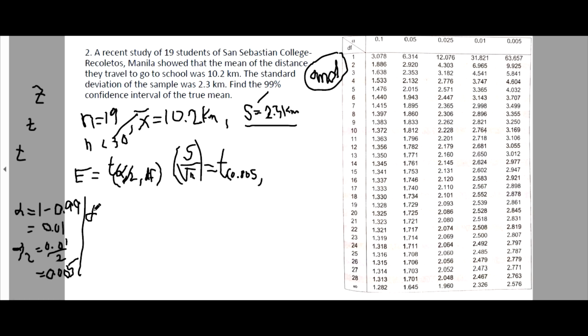Now how about the degrees of freedom? Our degrees of freedom is n minus 1. So this is 19 minus 1, so we have 18. Next, substitution: our S is 2.3 and our sample size n is 19, so square root of 19.